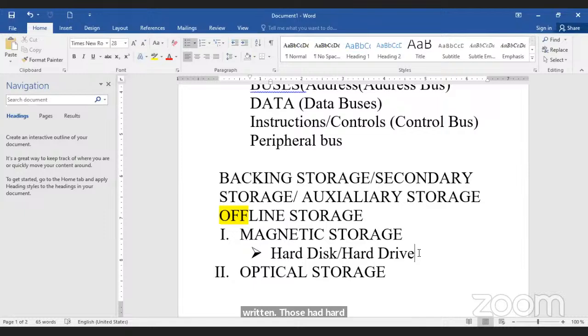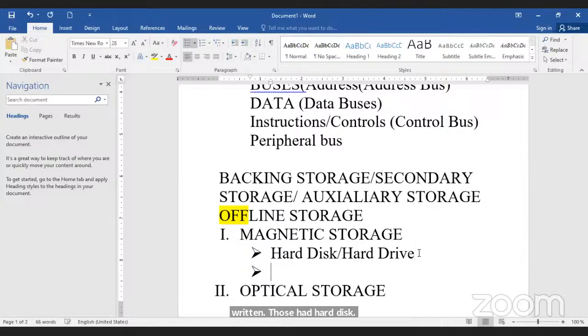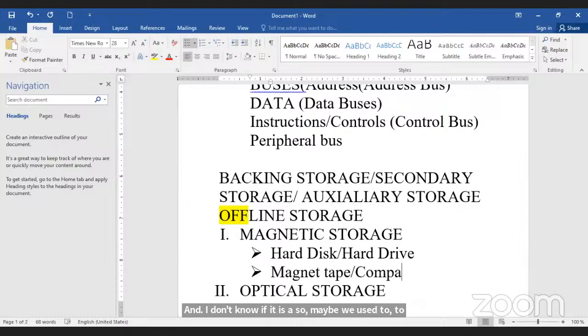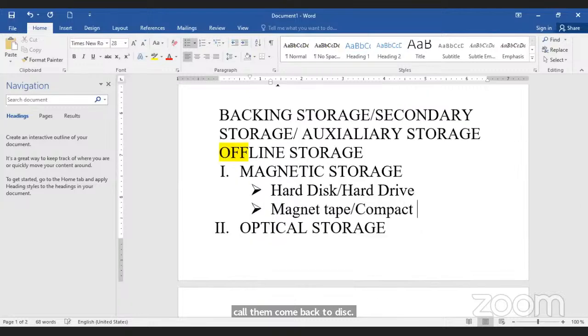Apart from the hard disk, we have magnetic tape. Some of you have mentioned magnetic tape. Maybe we used to call them compact discs. Let me use this term, but I don't know if compact disc is a computer term.